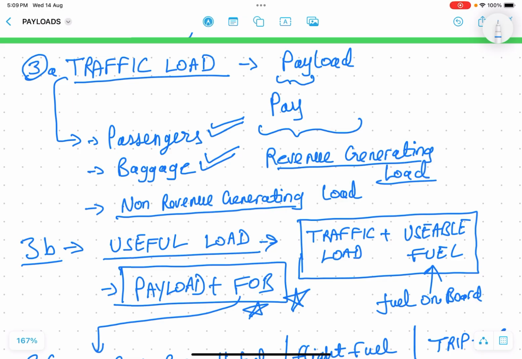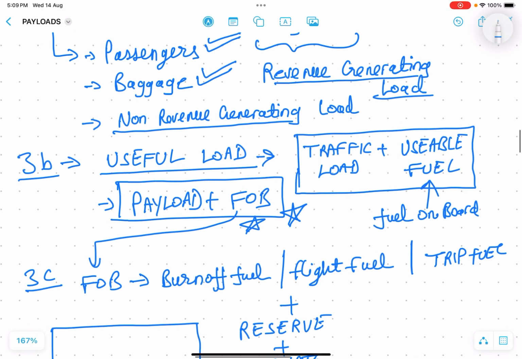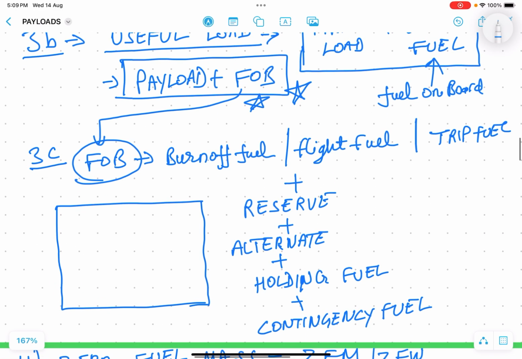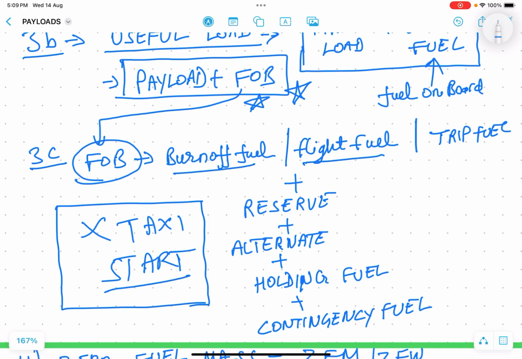revenue generating load. And second is fuel on board. Basically all the fuel included in the flight except taxi and start fuel, we get fuel on board. So basically it is burn off fuel or flight fuel or trip fuel, whatever you call it, and reserve, alternate, holding fuel, and contingency.